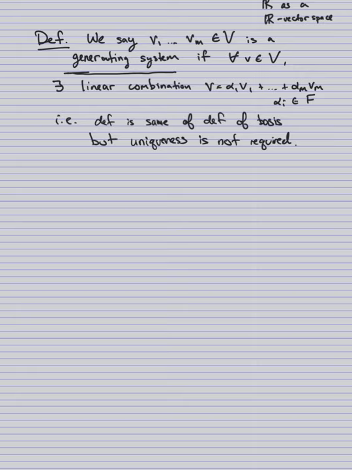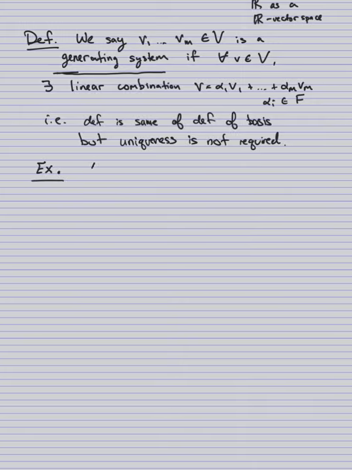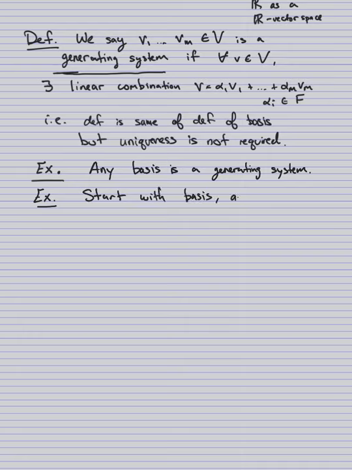Okay, so let me give you an example. First, this is kind of an obvious example. Any basis is a generating system. Okay, proof by definition. Here's another example. You can start with a basis and then add any collection of vectors. Okay, so just add in more vectors.